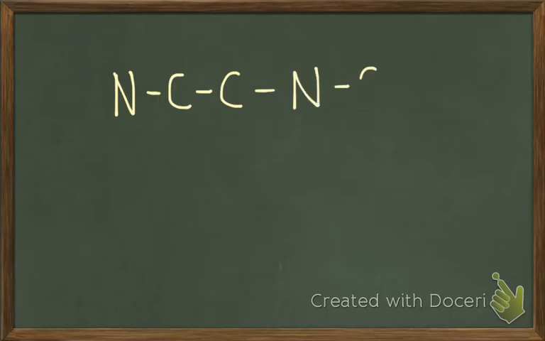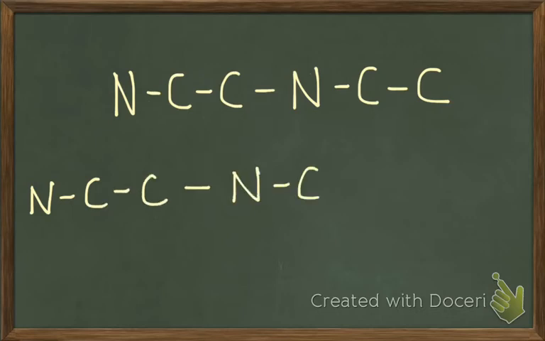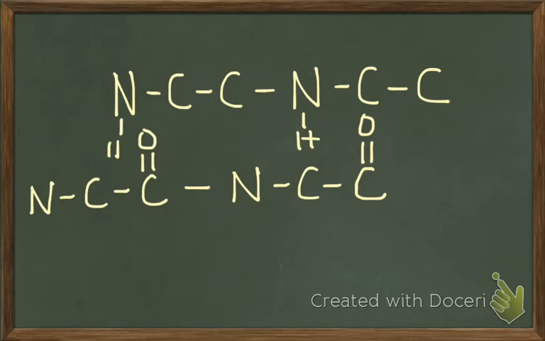And again, we're going to have our backbone like so, and then maybe we have another sheet here, and we have a carbonyl group and an amino group like so. And we would have some interactions occurring between the hydrogens and oxygens like so.